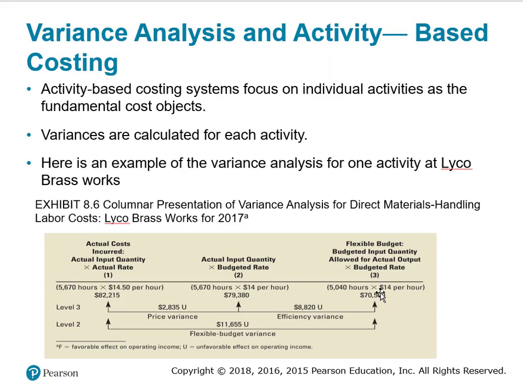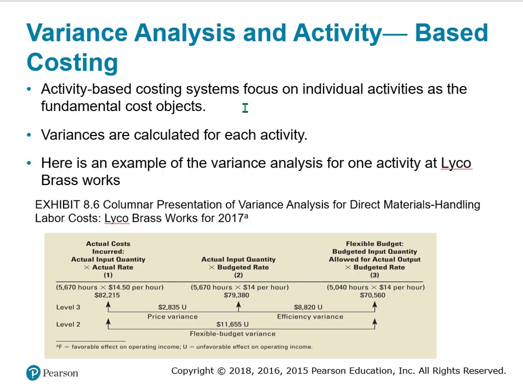Here's an example of a variance analysis for an activity when a company uses activity-based costing. This example is actually in your book on page 309 and page 311. I'm not sure about the page numbers, but it might be around Exhibit 8.6. Activity-based costing systems focus on individual activities as the cost object.